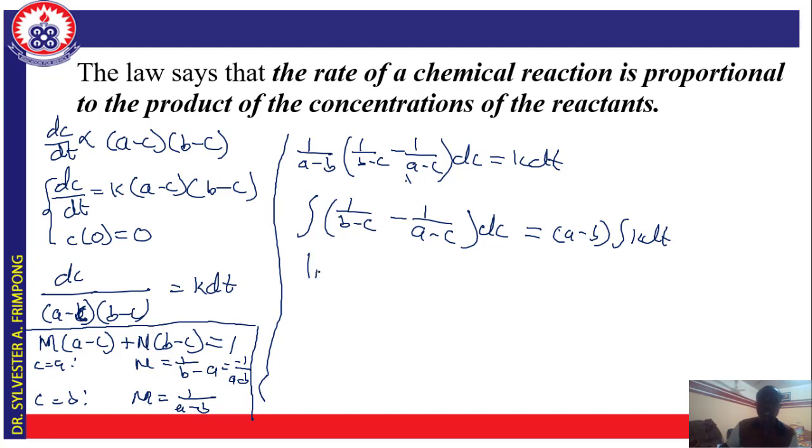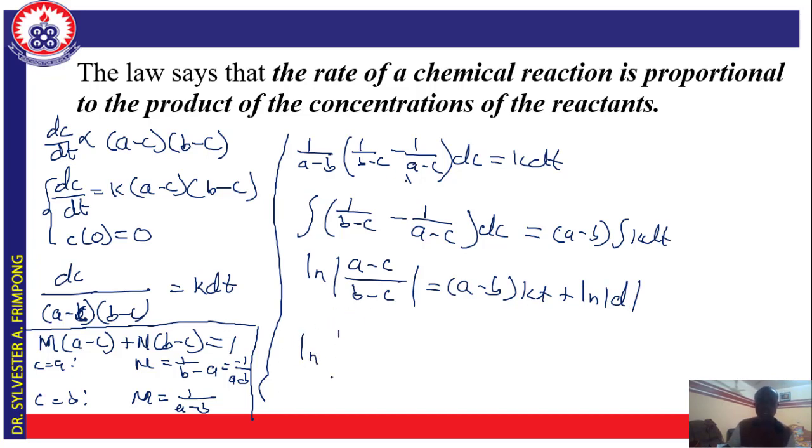So this is going to give us a ln of A minus C over B minus C equal to A minus B kt plus, let's say, ln D. So when you put them together, you're going to get ln of A minus C over B minus C multiplied by D equal to A minus B multiplied by kt.